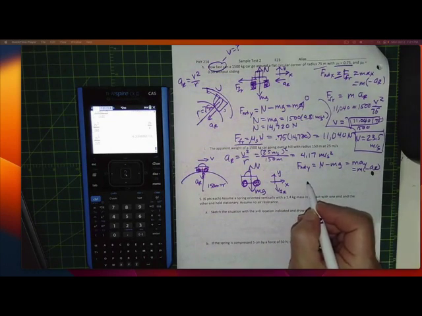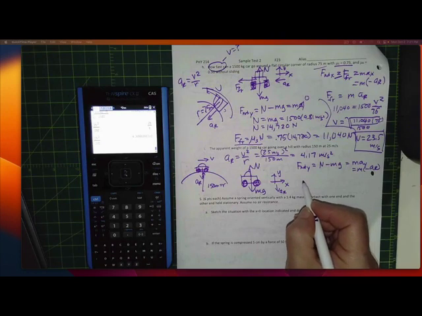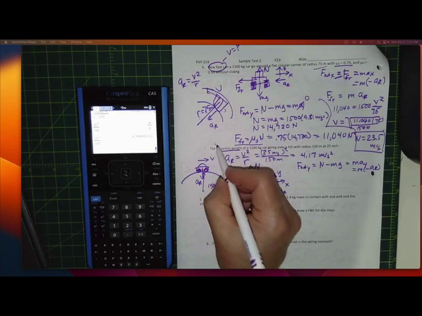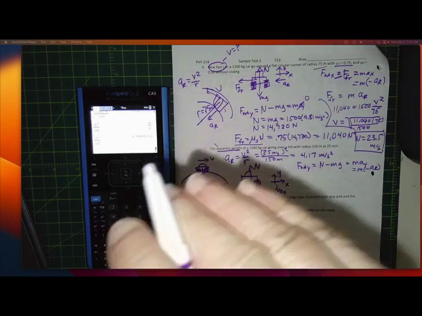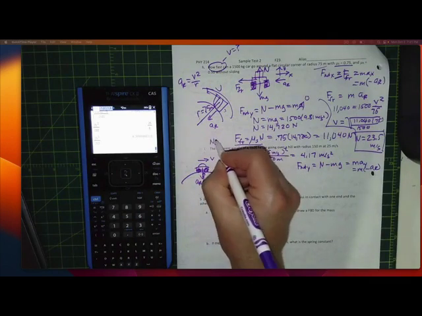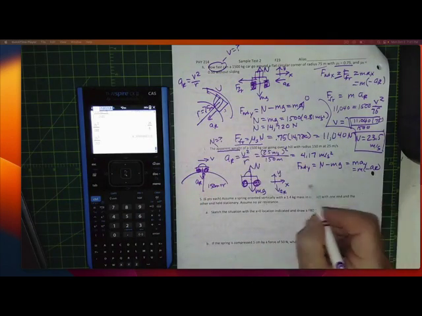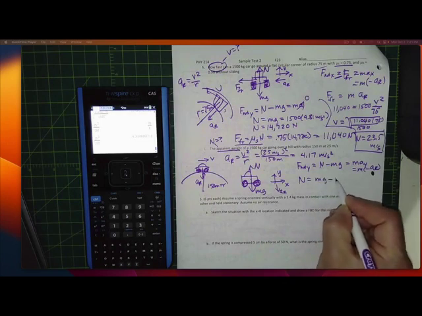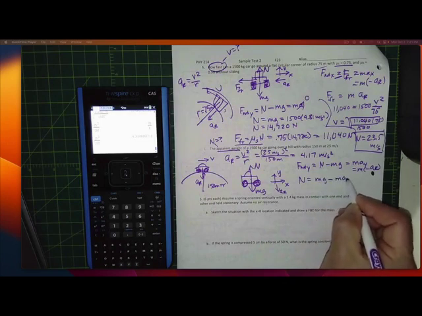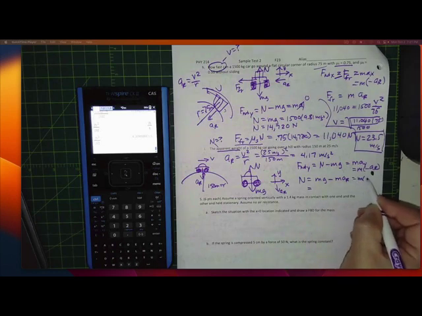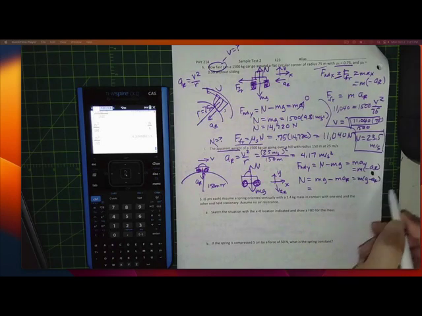What are we looking for here? Apparent weight. The apparent weight is the normal force, how much the earth is pushing back up on you, how much you feel. So we're looking for N. Solving for N, N equals mg minus m a_r, or m times g minus a_r, factoring out the m.